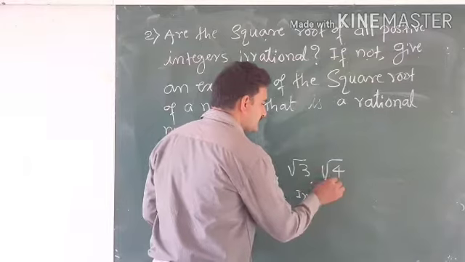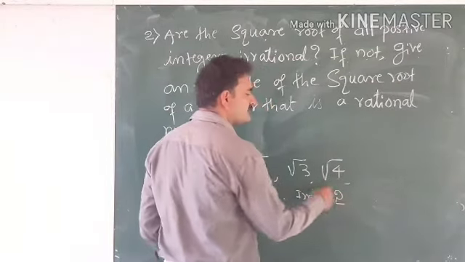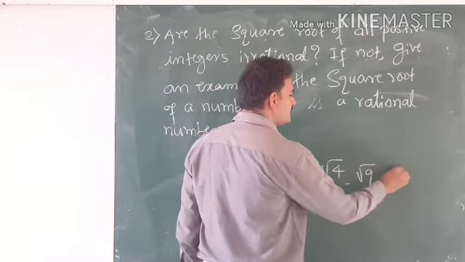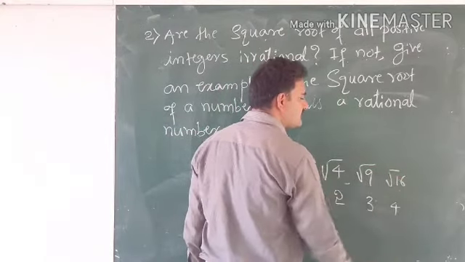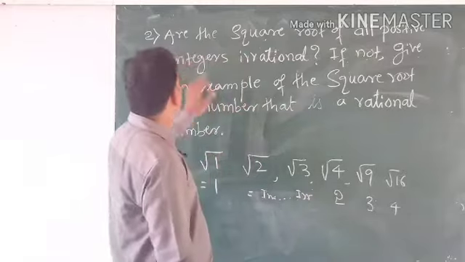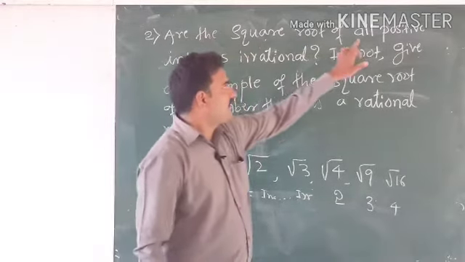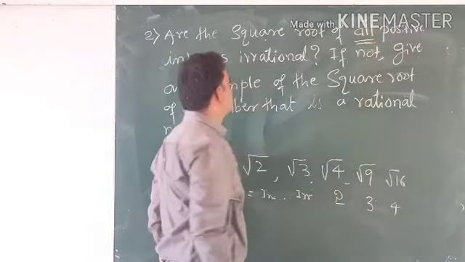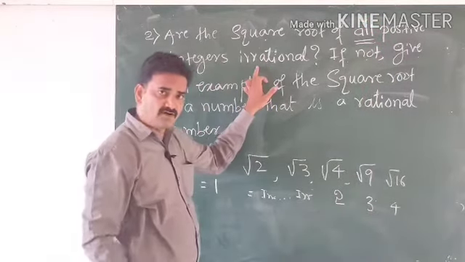But here root of 4 is 2. And root of 9 is 3. Root of 16 is 4. Now you see. Are the square roots of all positive integers irrational? All are irrational?